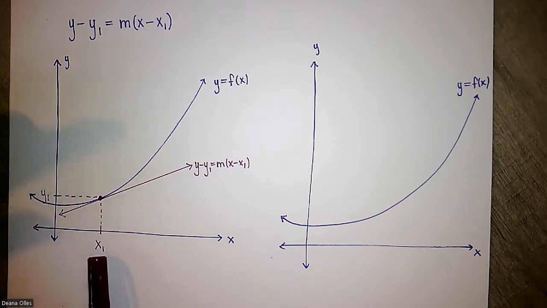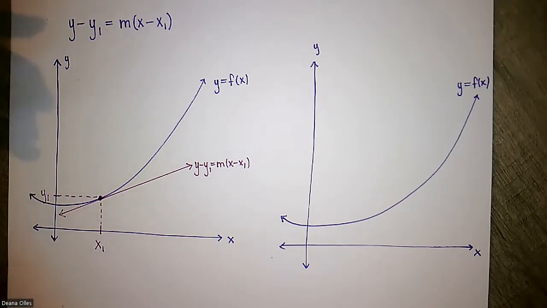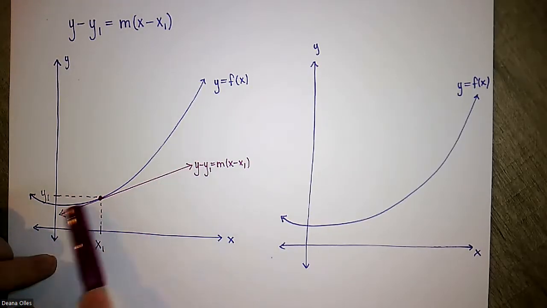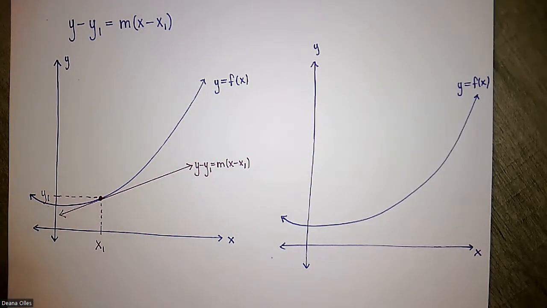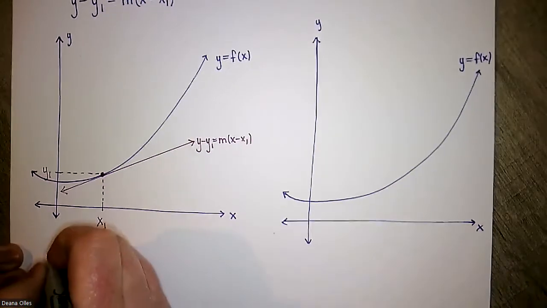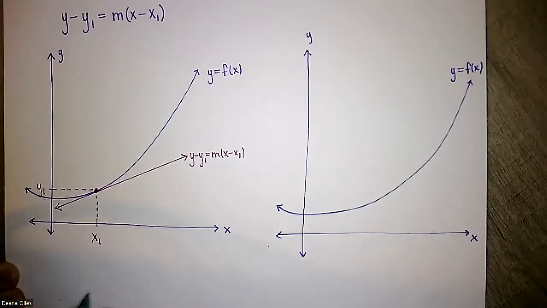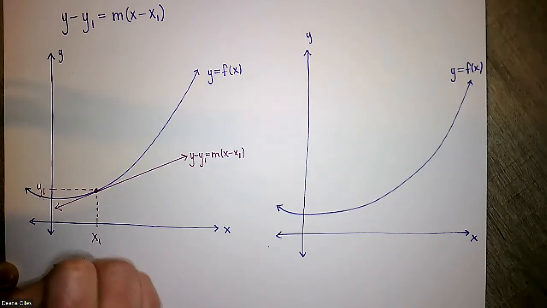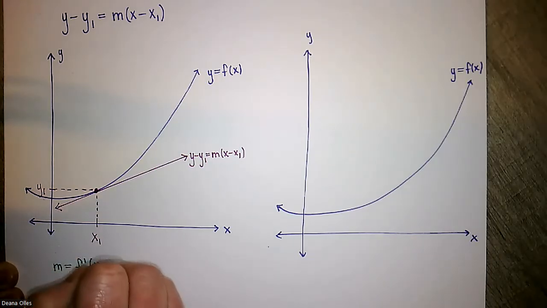All right. And the way that we did that was we used the point slope form, and we said the slope of this tangent line we could find using derivatives. So just to go back real quick, the way that we found the slope of the tangent line was the derivative of the function specifically evaluated at x1.